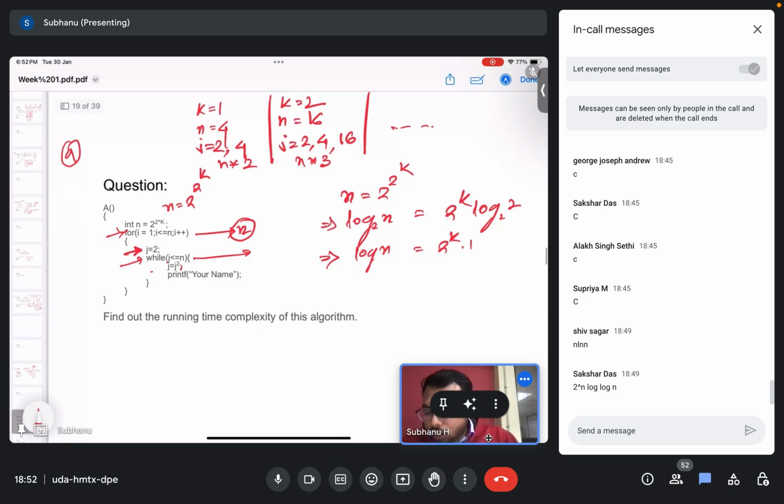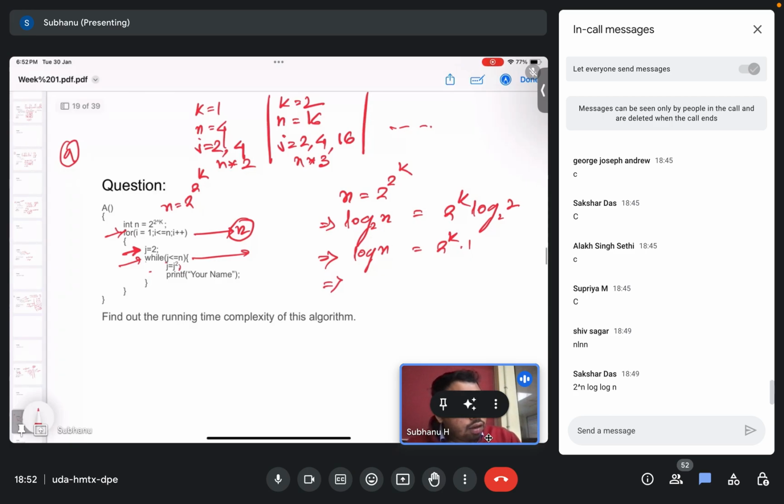Okay, so we have to find the order of n, not the order of k. We have to find the value of k in terms of n.